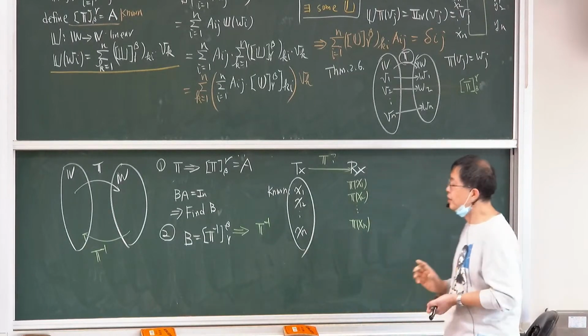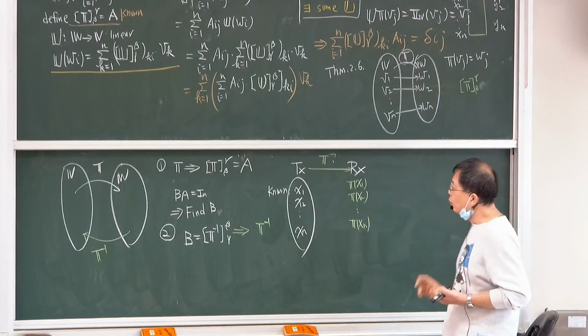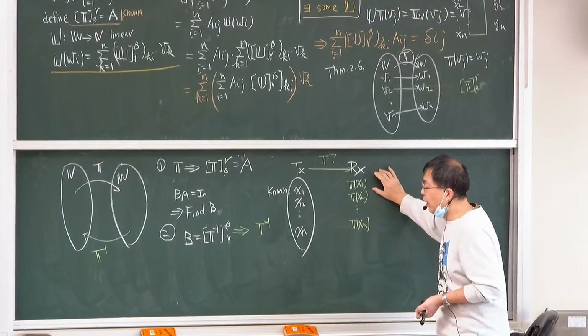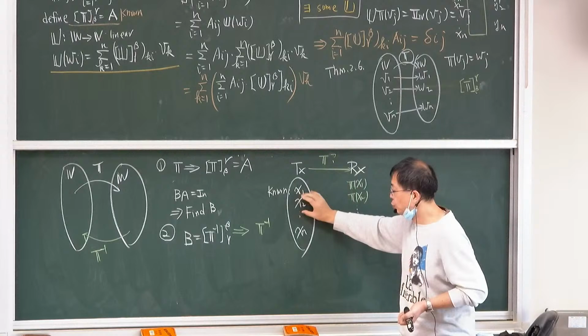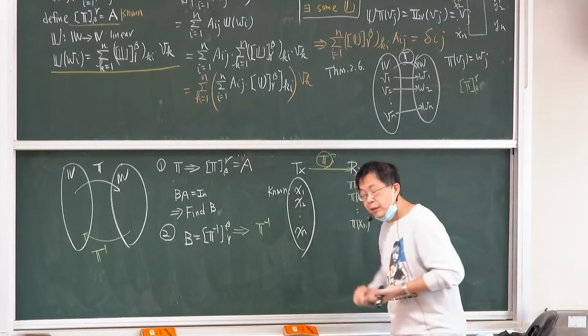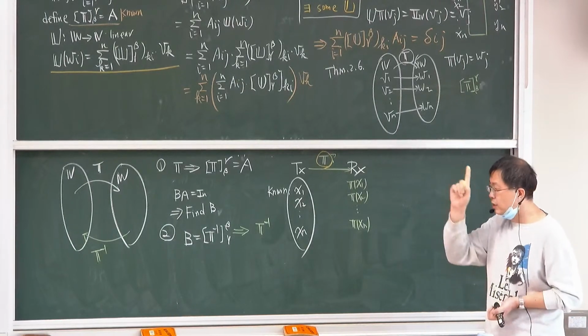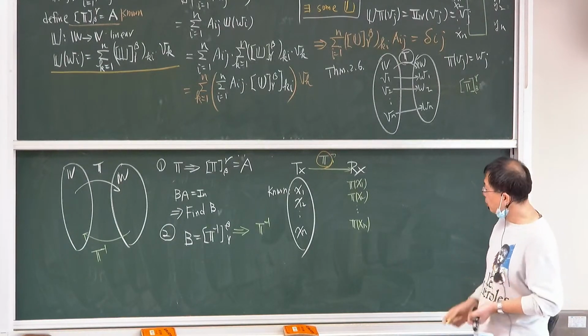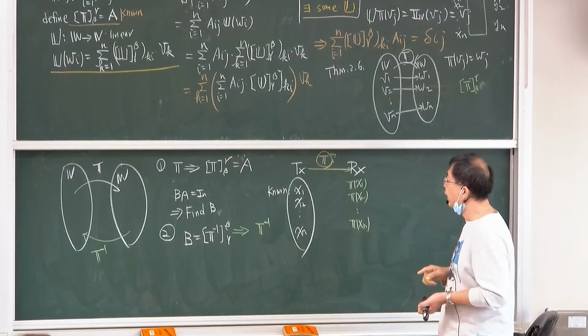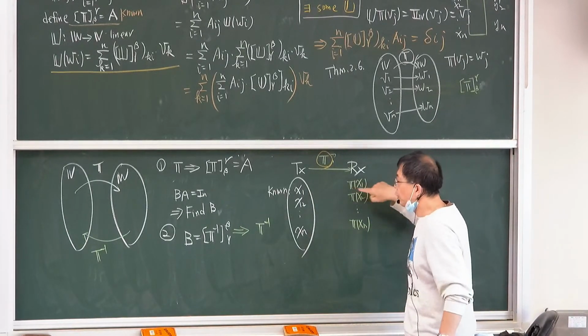And by theorem 2.6, whatever X1 corresponds to TX1, and whatever we receive, TX2, corresponding to X2, I can always find this transformation. Is it only one? We already know X1, X2, Xn, and what we receive.